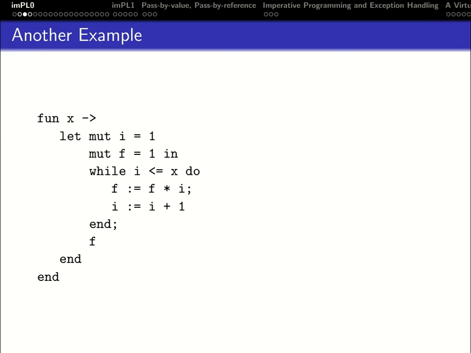We can use it inside functions. All right. And this is a factorial program. Factorial program, so it evaluates to the function that computes the factorial of a number. That's the real value, but uses mutation inside.